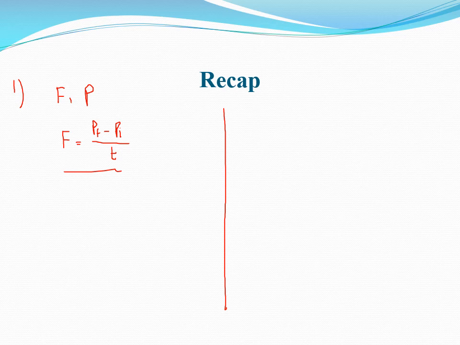In the case of two interacting spheres, m1 u1 plus m2 u2 was the total initial momentum of the two moving interacting bodies before collision, and it is equal to m1 v1 plus m2 v2, the total final momentum of these two bodies after collision.